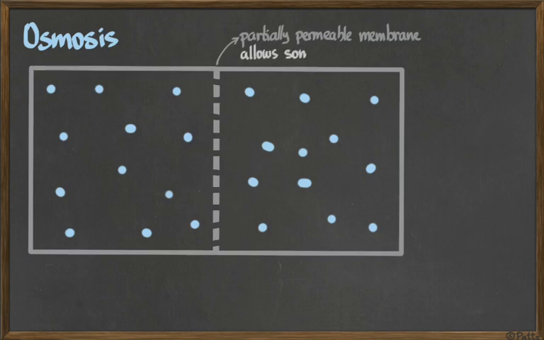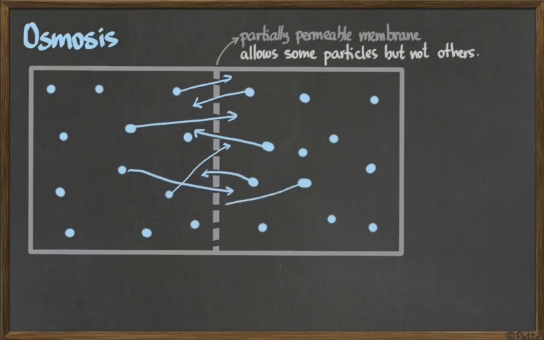In this example, I am allowing these blue dots, for example, if it's water, to move through. As a result, the particles are going to bounce all over the place, and because we have the same amount of particles on one side and on the other, they end up moving equally. So if this was water, the particles would move to the left, they would move to the right, they would move all over the place, but there would be no change in the concentration, in the number of molecules of water on both sides, because they have a net movement of zero.